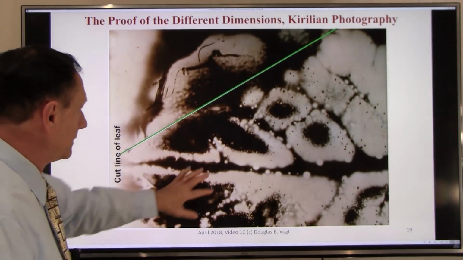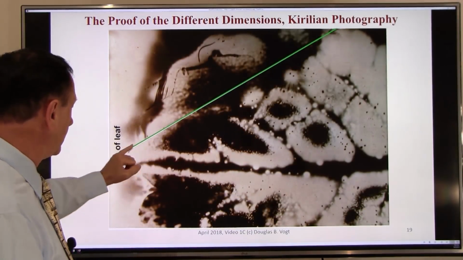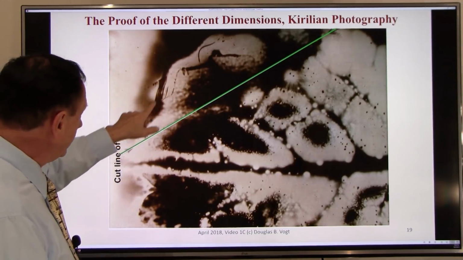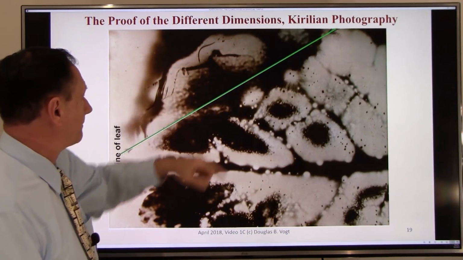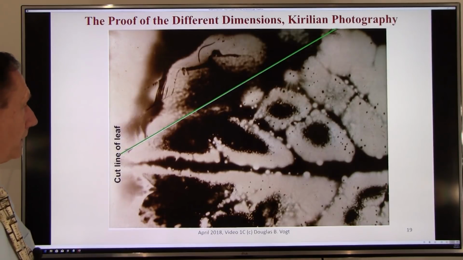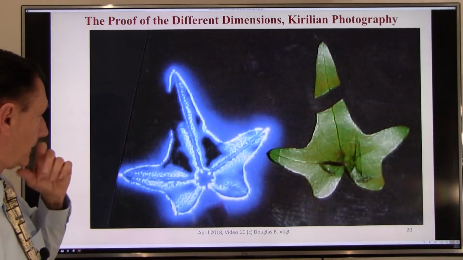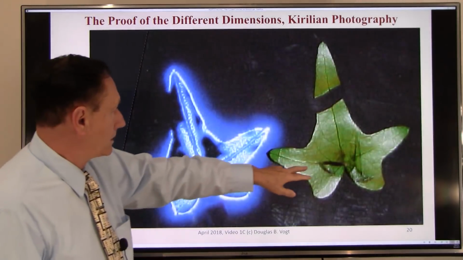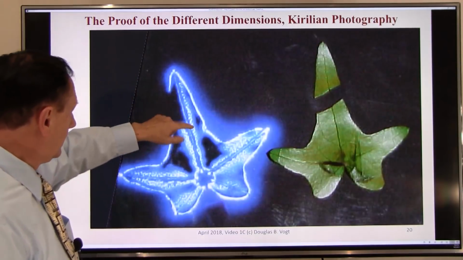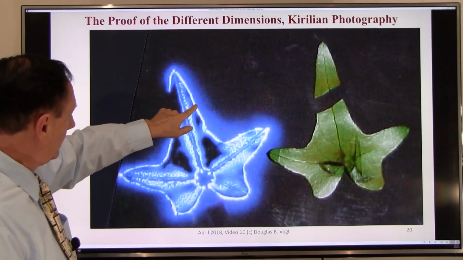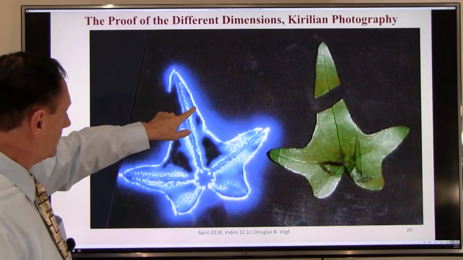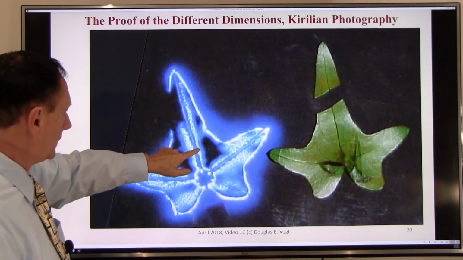Here's another one. The physical leaf is here. This is the cut mark. You can see the outline of the thing. Interesting? Here's another one. This is the leaf, the part he cut off, but you could clearly see almost the whole thing is there, the outline and the superstructure on the inside.